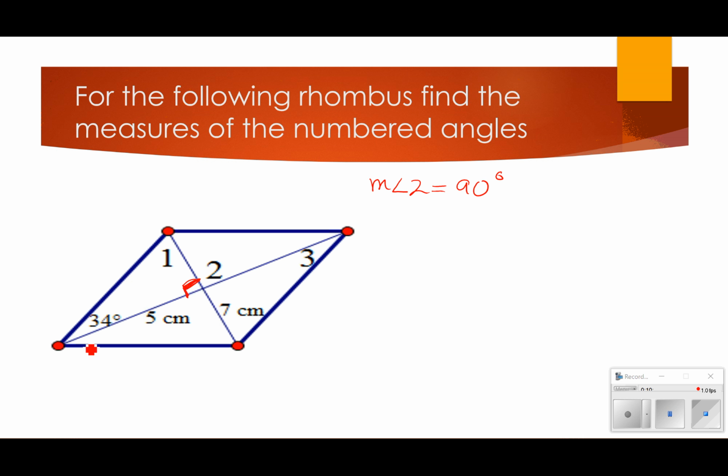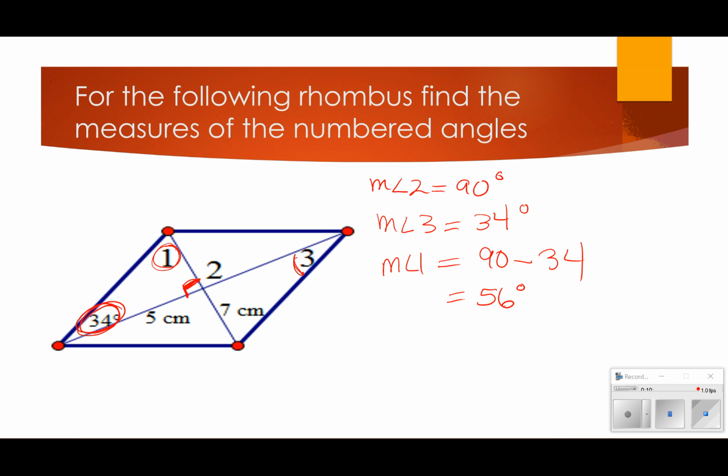We know that this angle here is 34, and it's going to be congruent to angle 3, so that's going to be 34 as well. Angle 1 plus the 34 has to equal 90 degrees. Okay. So the measure of angle 1 is equal to 90 degrees minus 34 degrees, or 56 degrees.